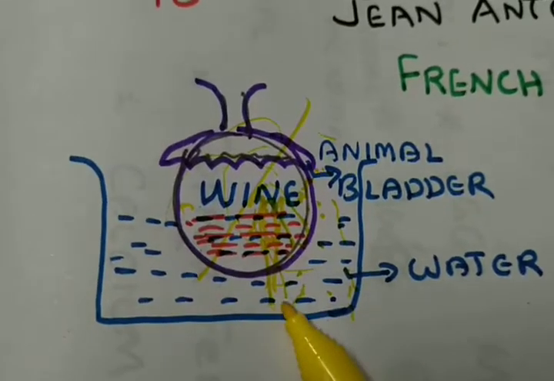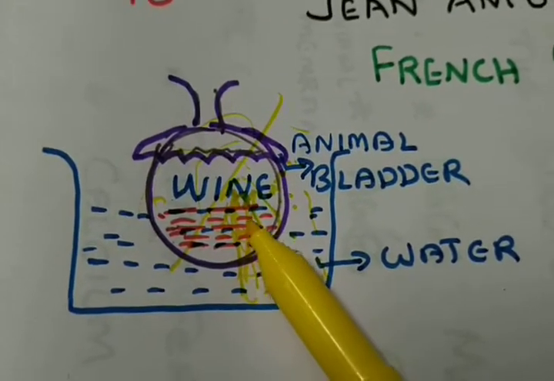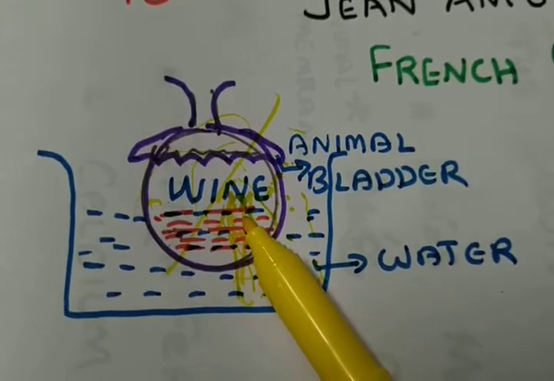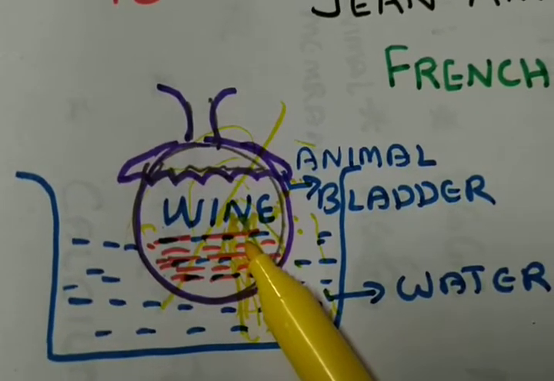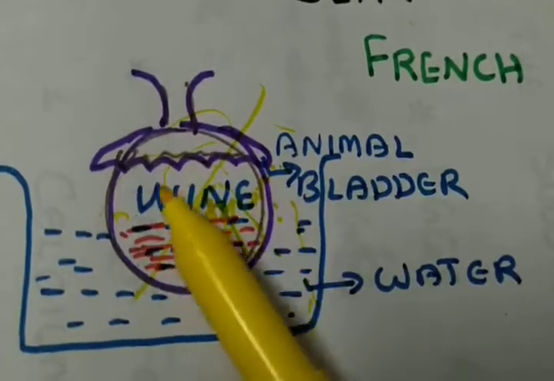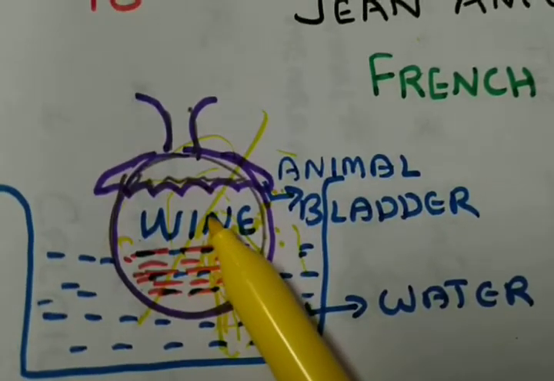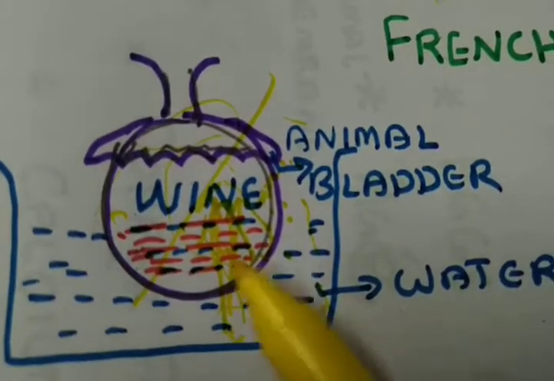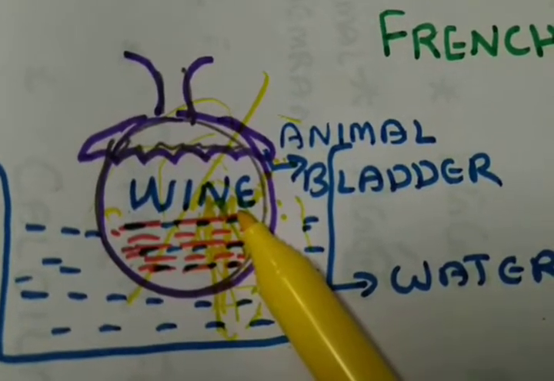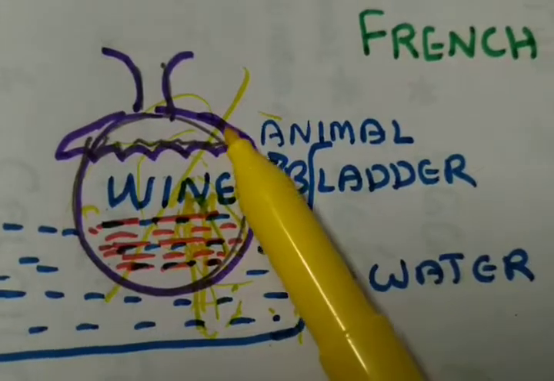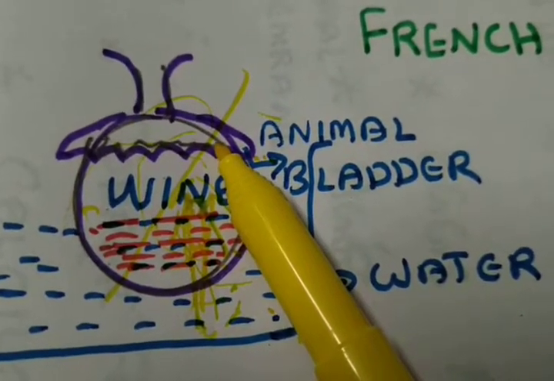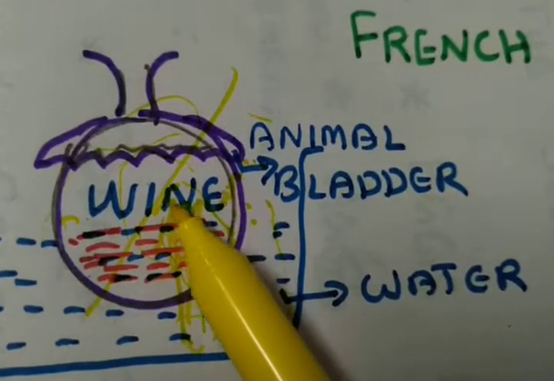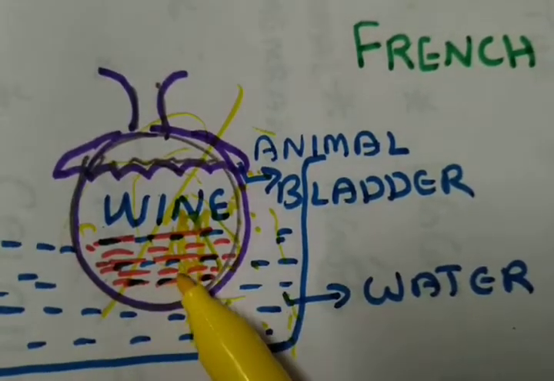He found that water entered the bladder, causing it to expand, and finally it burst. Such spontaneous flow of water into a wine solution through an animal membrane is known as osmosis.